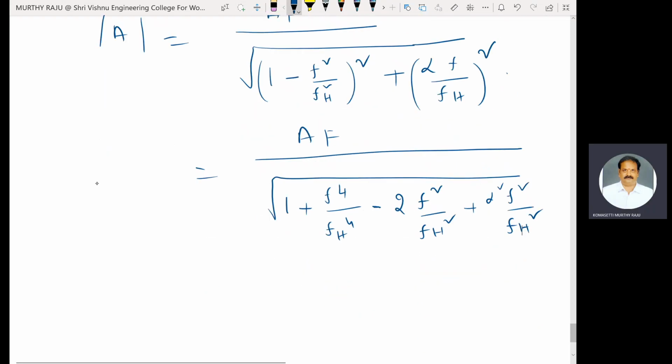But in case of Butterworth filter, alpha is equal to root 2. Alpha is a defined value.